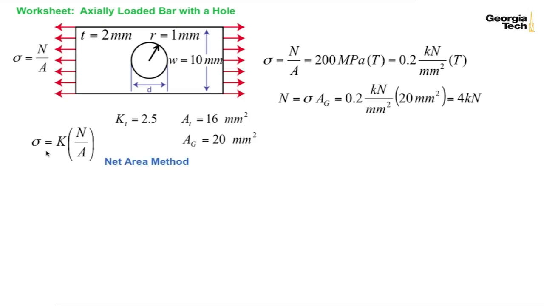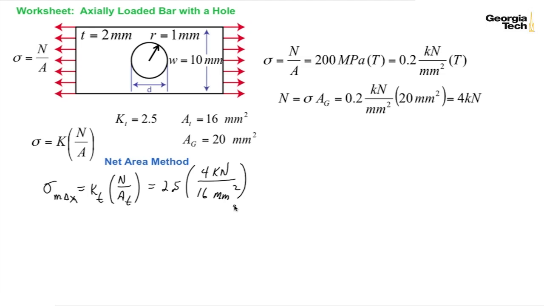Let's use the net area method to start. So I've got sigma max equals K sub T times N over A sub T, the net area. That's going to be 2.5 times the normal force, 4 kilonewtons, divided by the net area, 16 millimeters squared.